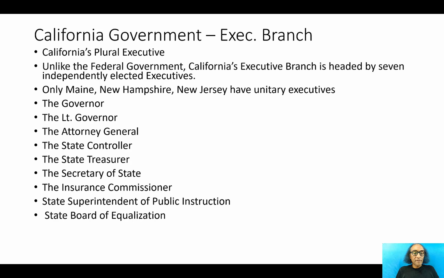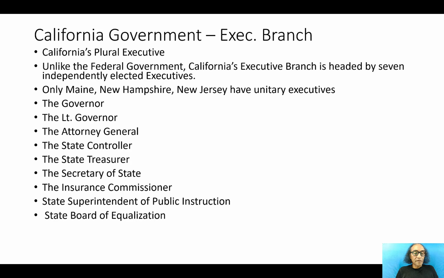So you have a plural executive system. Only Maine, New Hampshire, and New Jersey have a unitary executive, in other words, similar to the federal system. And so in the California plural executive, we have the governor at the top, of course, who runs for the governor's office, and he or she may win that.